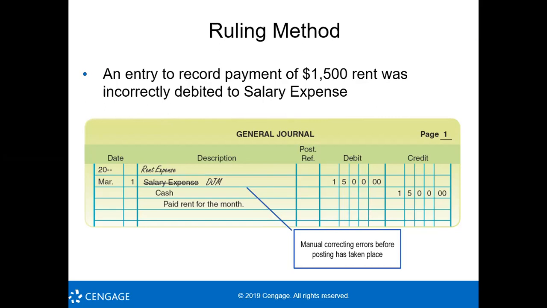And then we'd have to go also to the general ledger, the salary expense account. We'd have to subtract it from the salary expense account. So we would basically credit the salary expense account, debit the rent expense account, right? The ruling method is basically making manual corrections, right?